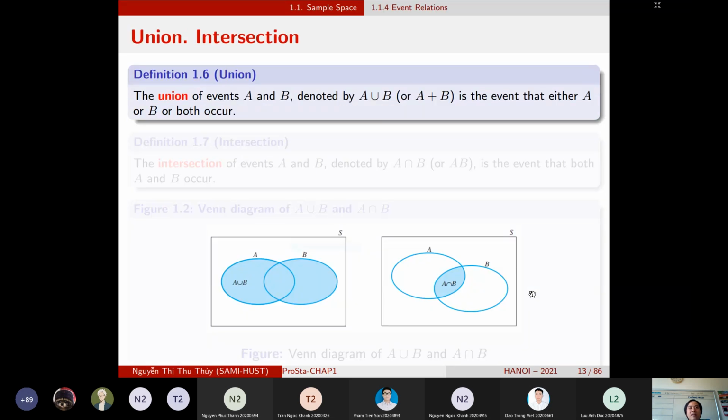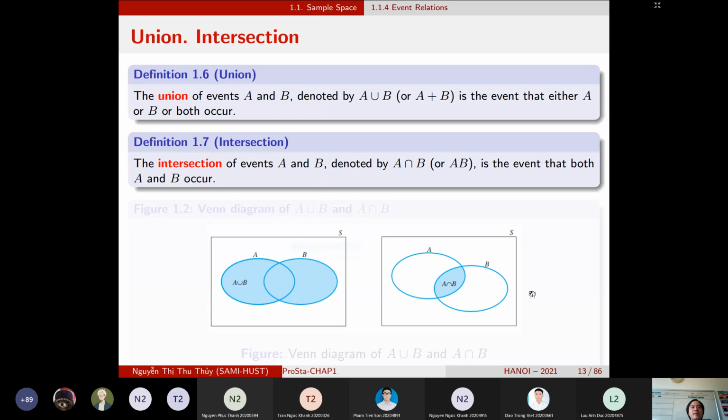And now we consider some notions on the relationship between events. It is the same as set theory: union, intersection, complement, and other rules. And what is the definition of union?